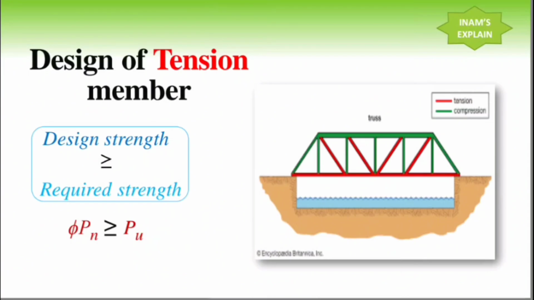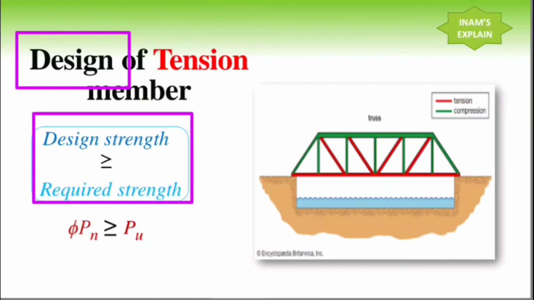So whenever the word design is used, it means that we will satisfy the main design equation: the design strength should be greater than or equal to the required strength.